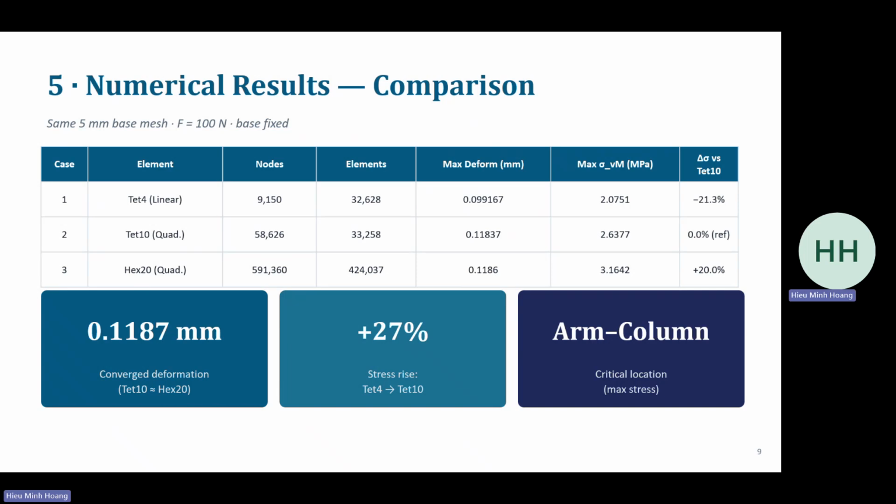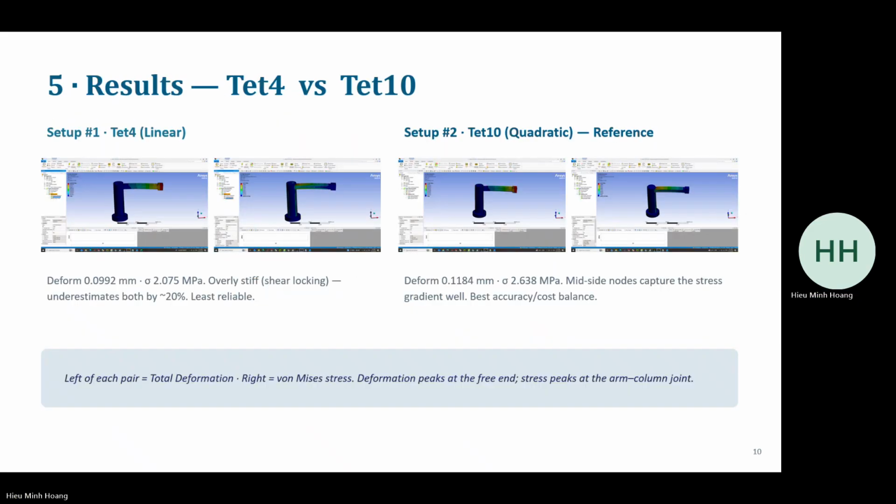First, TET4 against TET10. Step 1 is TET4, the linear element. The deformation is 0.0992 and the stress is 2.075.